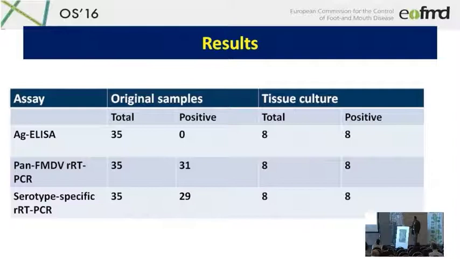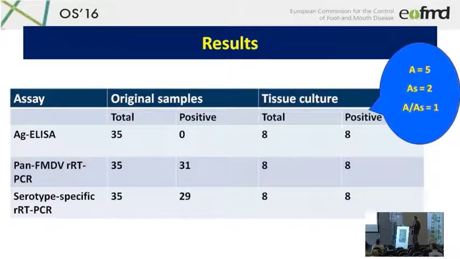All the original samples tested negative in antigen ELISA. However, from 8 of them virus was obtained using tissue culture, of which serotype A was found in 5 samples, serotype Asia1 in 2 samples, and there was 1 sample showing positivity for both serotype A and Asia1.